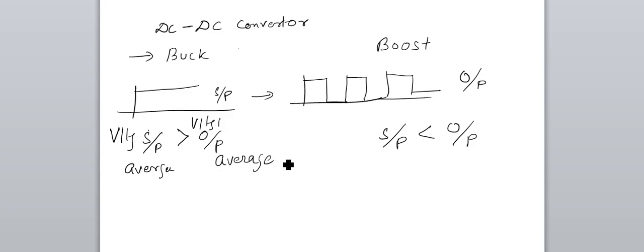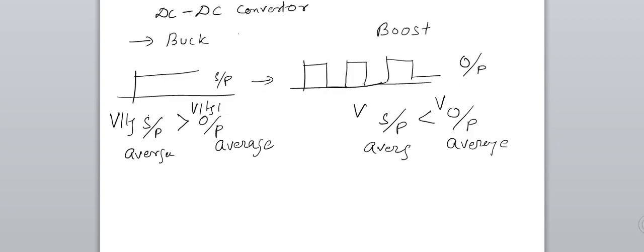So we have to calculate the average value of the waveform. If your input voltage average value is less than your output voltage average value, then you have a boost converter. So you have to check the output voltage.